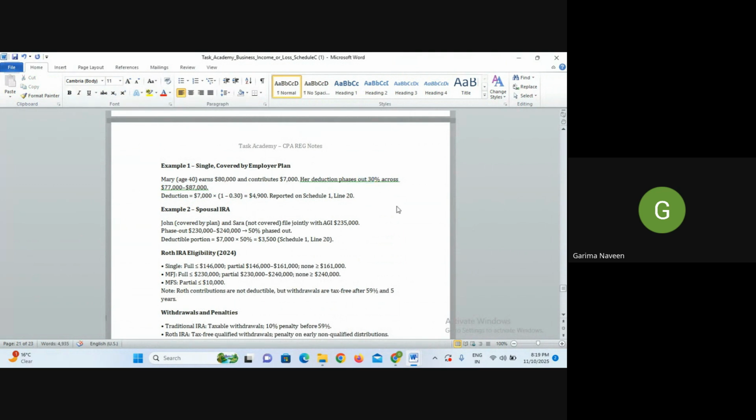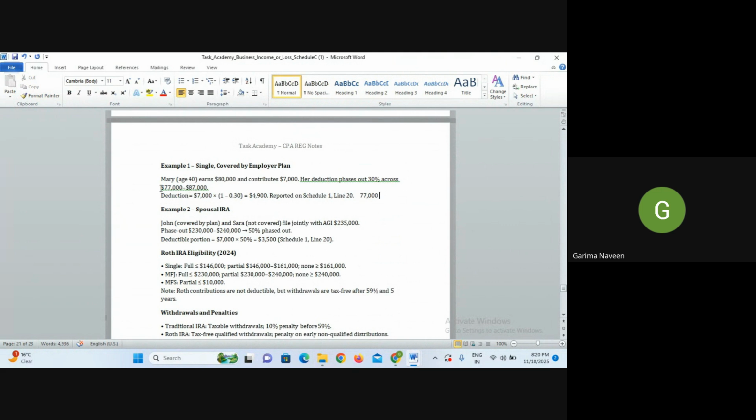Okay, so look, if your AGI is up to $77,000, then no problem, you can get the full deduction. But if your AGI is greater than $77,000, your deduction limit will start phasing out, meaning decreasing. How does it decrease?